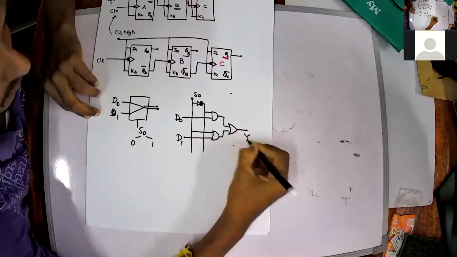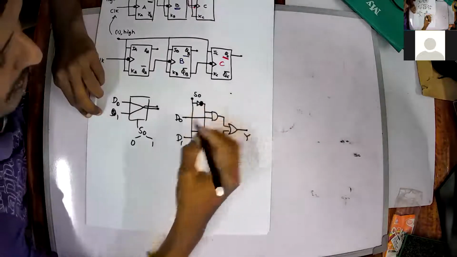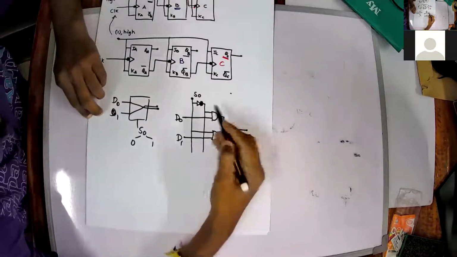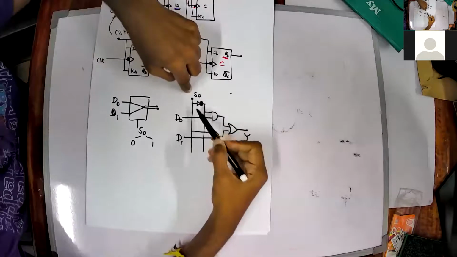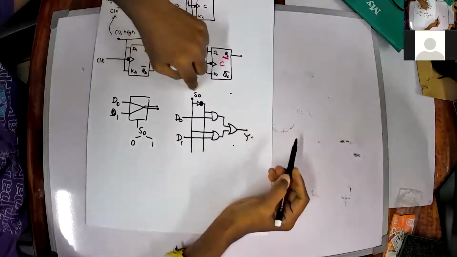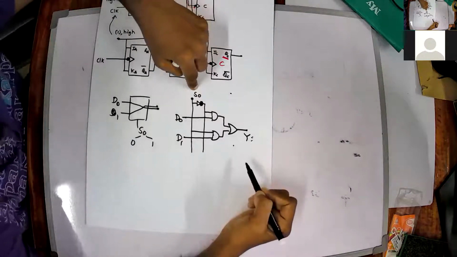So this is your Y. Which means if S is 0, then you will have D0 as your Y, and if S is 1, you will have D1 as your Y.